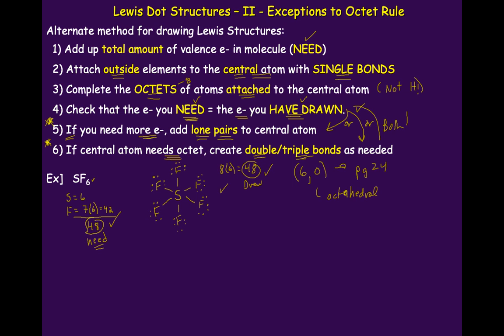Octahedral is my shape. My hybridization is what makes 6 total pairs. 6 total pairs would be sp3d2. That makes 4, right? 1 plus 3 is 4, plus d2. Okay, so that's my hybridization. That's my shape. That's my bonding pair, lone pairs. That's my dot structure. Okay, and since it's symmetrical, I'm going to call it nonpolar.